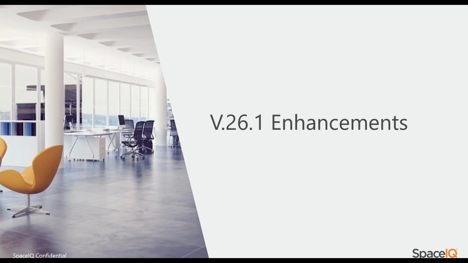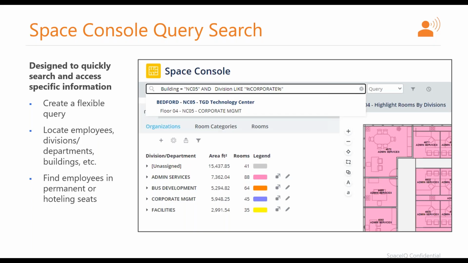So on to 26.1. I'll just go into more detail on the agenda that I showed you, starting with the query search. We've heard from you about searching for items on the Space console. We introduced a quick search a couple of cycles ago.